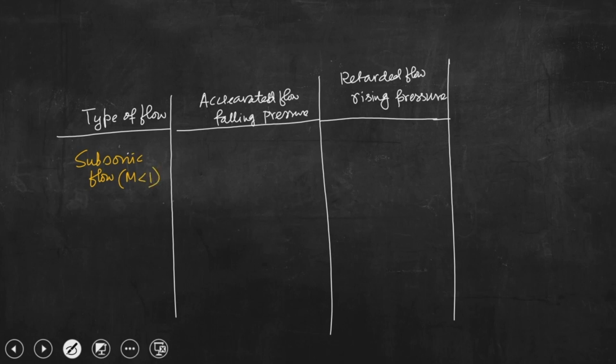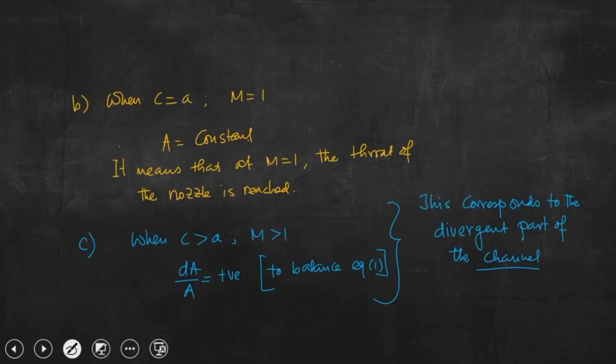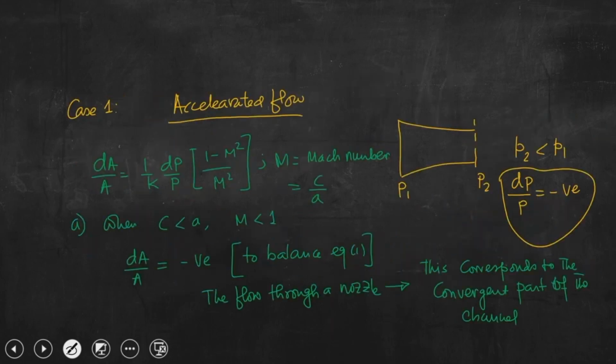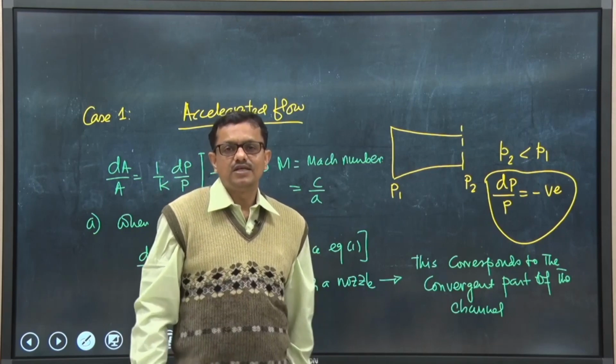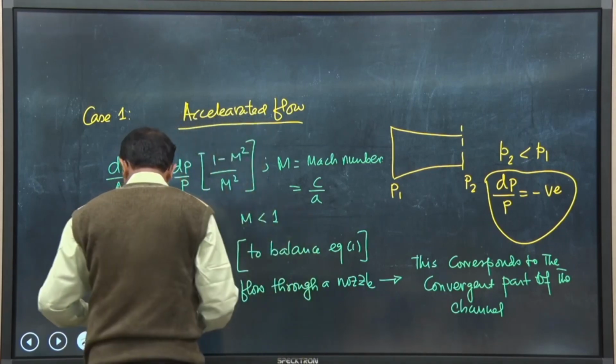If it is subsonic flow, we have discussed if the flow is accelerating, then this is the convergent part of the nozzle. Accelerated flow, subsonic flow, that is m less than 1, that is the convergent part of the channel. What do you mean by convergent part of the channel? We do understand if the channel is having convergent shape, that is by common name known as nozzle. So, this is the nozzle.